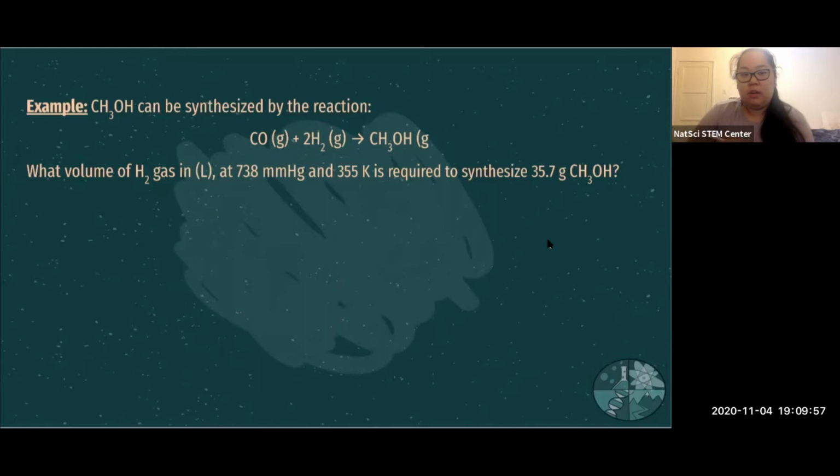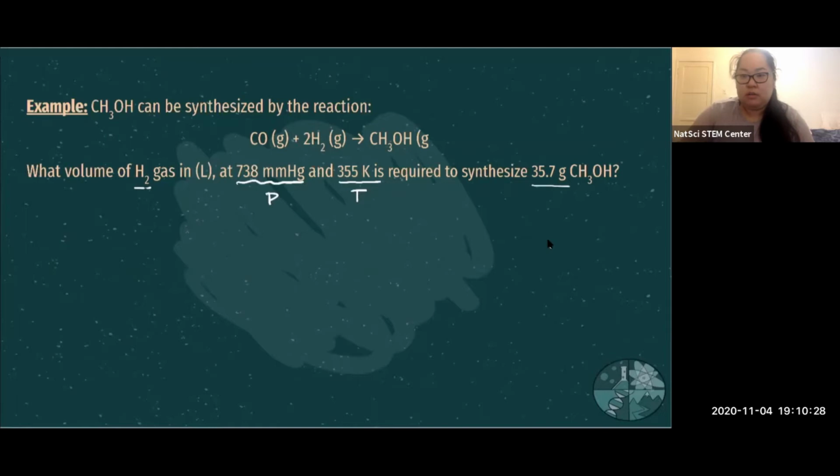The question is, what volume of hydrogen gas in liters at 738 millimeters of mercury, this is our pressure, and our temperature is 355 Kelvin, to synthesize the given amount of CH3OH of 35.7 grams.